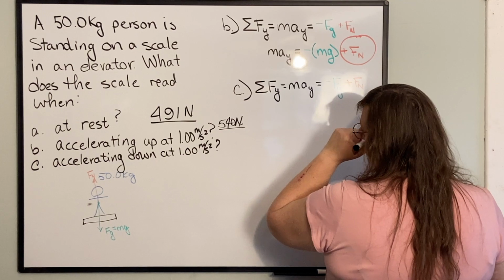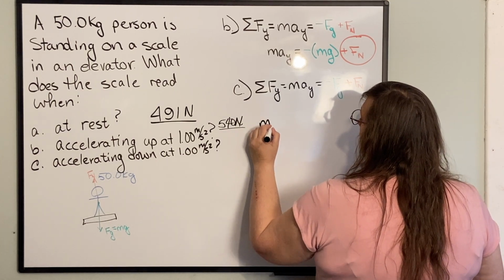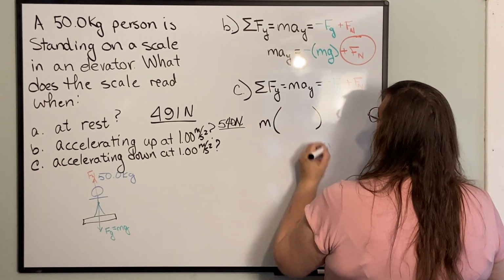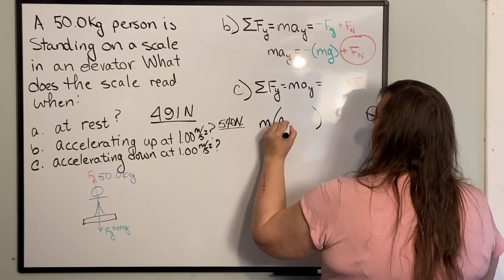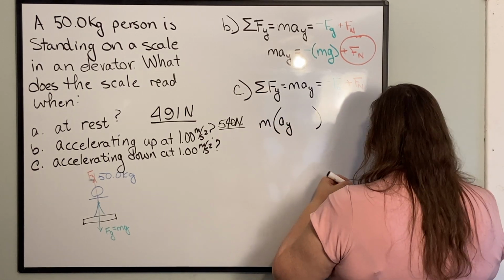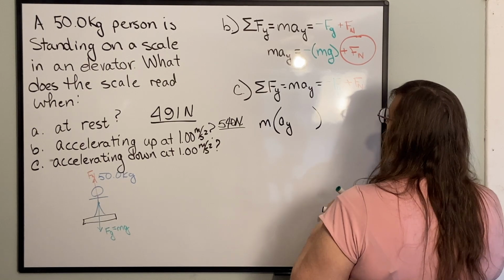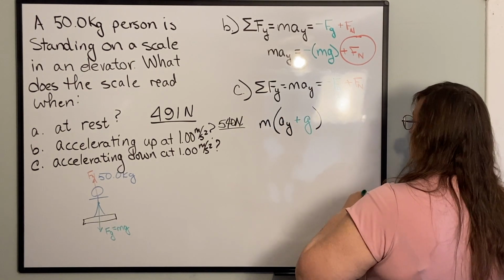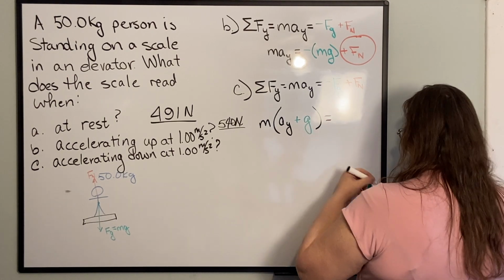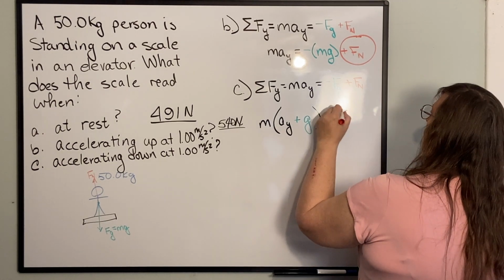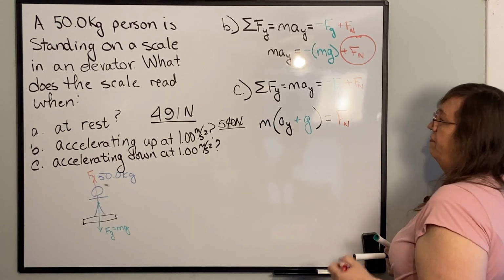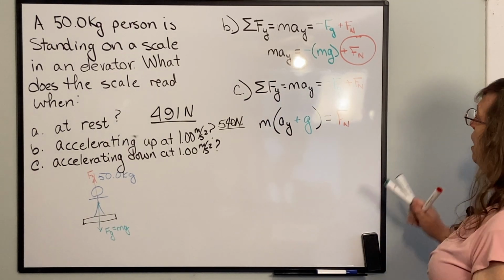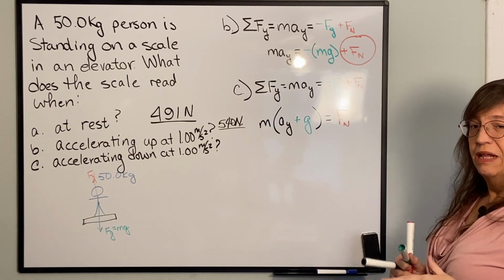And what that's going to give us now is the mass times the acceleration in the y direction plus g equals Fn. All right, let's put some numbers in here.